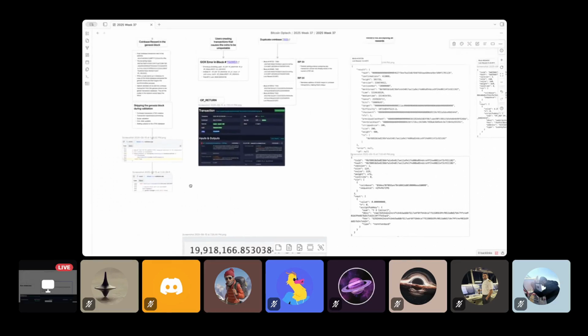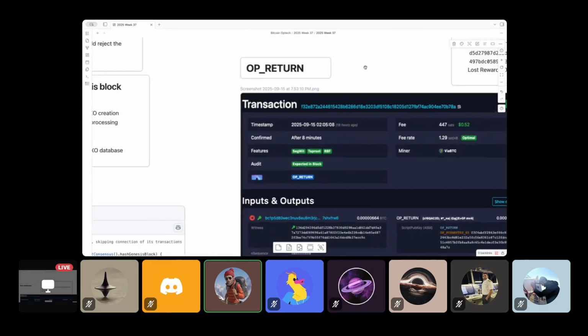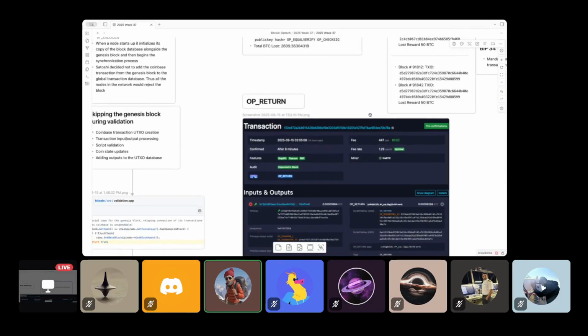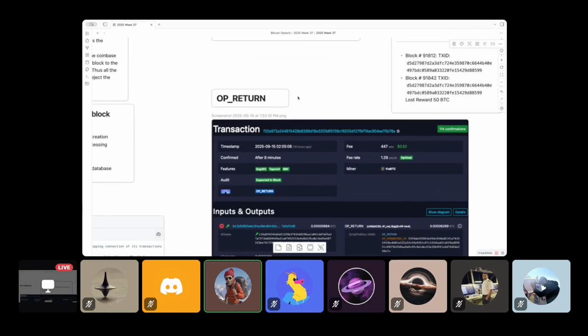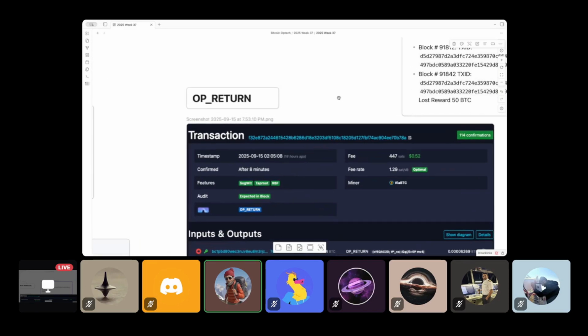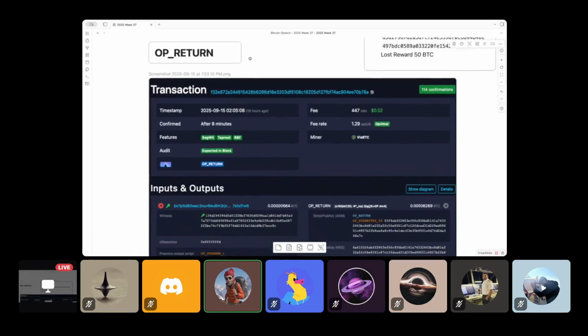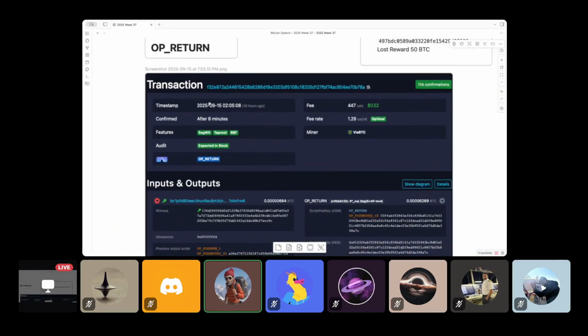Then you have the standard or controversial OP_RETURN operator stuff. People keep sending some non-zero outputs to operators, so these also get burned. One particular example is this, a recent example, from 2025/9.